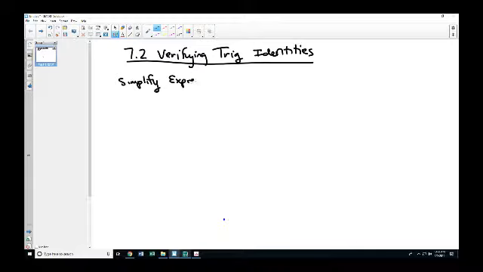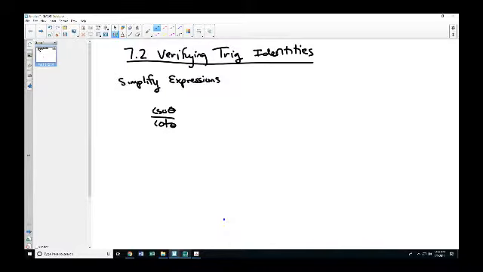This is what we started with. I'll just use number 14 there. You were given an expression, and you were asked to simplify it, right?